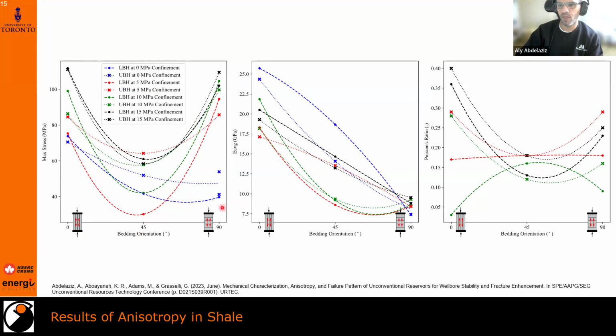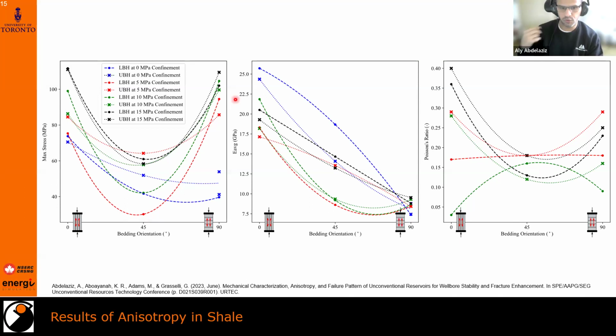However, when you have some confinement, you start seeing that all the strengths at 90 degrees are almost the same, or the variation at 90 degrees is much lower than at 0 degrees. And at 45 degrees they are actually lower. Now, unfortunately, in our case, we did not have more rock to test different orientations, but I am sure that if you get different orientations, you will get a much better understanding of the anisotropy.